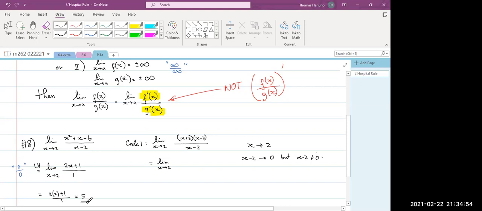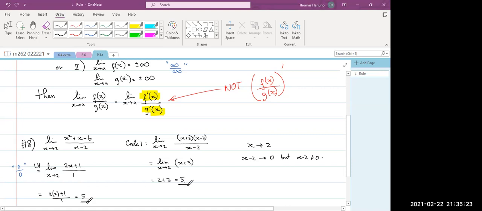So we can divide by x minus 2 on the top and at the bottom, and we end up with limit x approaching 2 of x plus 3, which is 2 plus 3, which is 5.